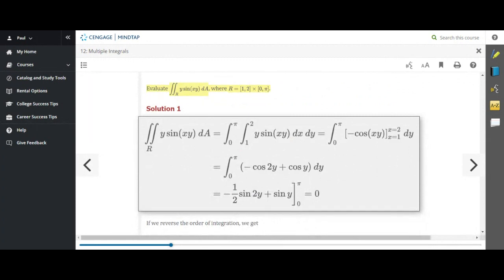So the antiderivative of y times the sine of xy with respect to dx is negative cosine of xy. Let me show you why that would be.